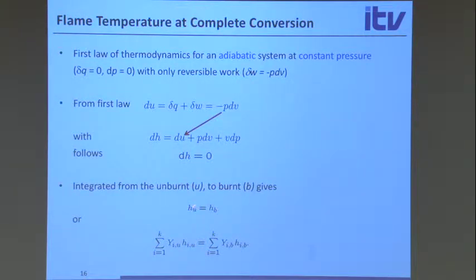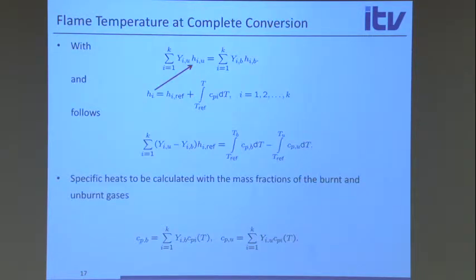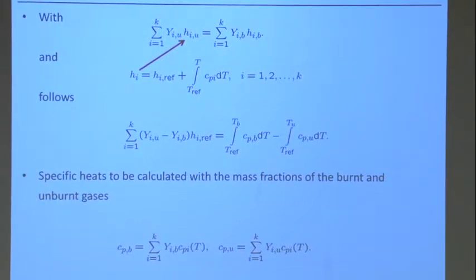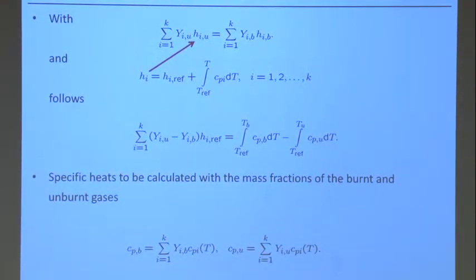So the enthalpy of the mixture is the sum over all species of Yi times Hi, before combustion and after combustion. And then we said the enthalpy actually has two parts. The first part is the reference enthalpy, and the second is the thermal enthalpy. And now we see what happens during combustion. I have some species that have a high reference enthalpy, meaning they have a lot of chemical energy stored in their bonds.